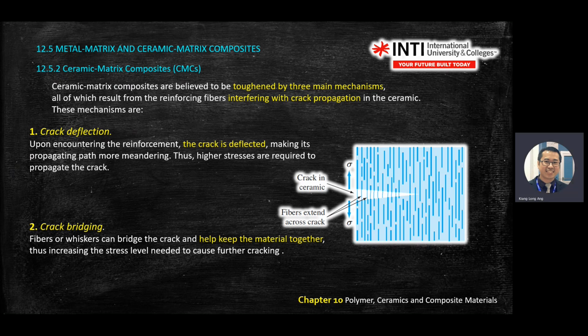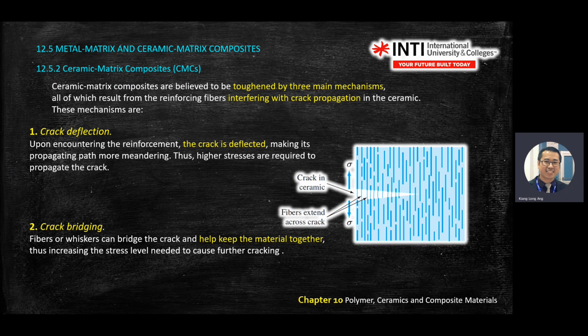We need to go into crack propagation. In crack propagation, you have crack deflection. You have crack bridging. So the first, we call it a defect here. For crack deflection, the reinforcement deflects the crack, making the propagation path more tortuous, so you can handle more stress.